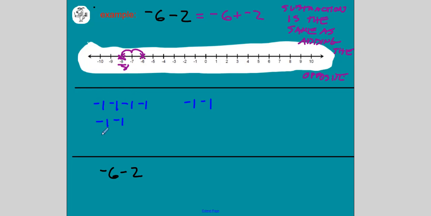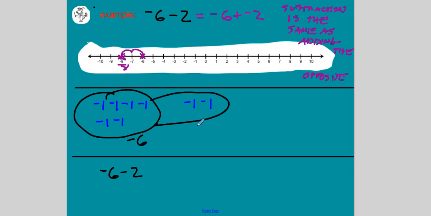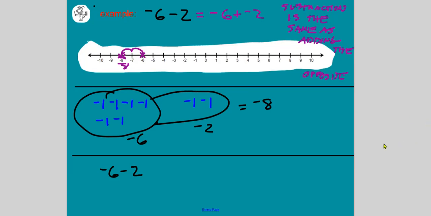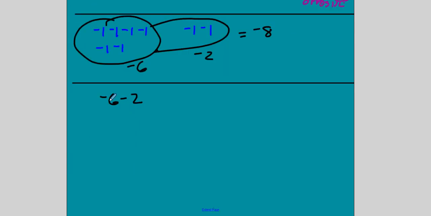Using this method, which isn't very efficient, but it's easy, I think, to see what's going on. You have 6 negatives here, and you have 2 more negatives here, so you have more negatives than you started with: 8 negatives. Then let's look at it without using the number line.